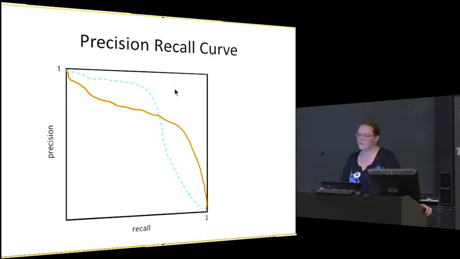So this trade-off is important in a lot of applications because it depends what optimal really means for you, because most of the times you can't get to the upper right corner. And which trade-off is beneficial depends on your application. So with these two curves, for example, without knowing what the application is, I wouldn't say one is better than the other, because they're similar away from the upper right corner.